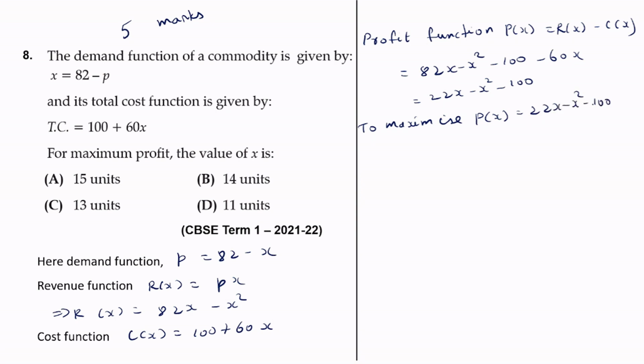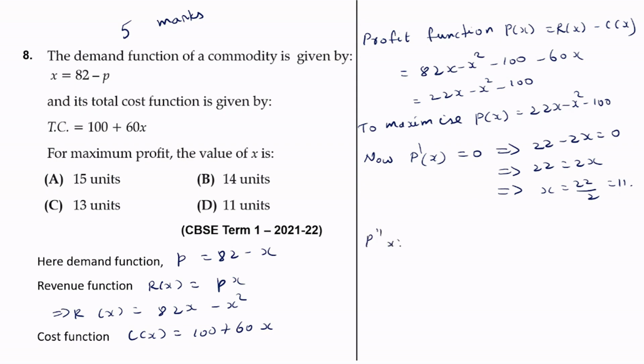And now after this it is easy to proceed. We have to find the critical point and then we have to use the second derivative test to find the point of maxima. Now P dash of x equal to 0 implies 22 minus 2x equal to 0, or 22 equal to 2x. From this we get x is equal to 22 by 2, which is 11.